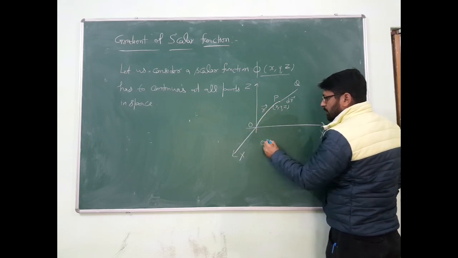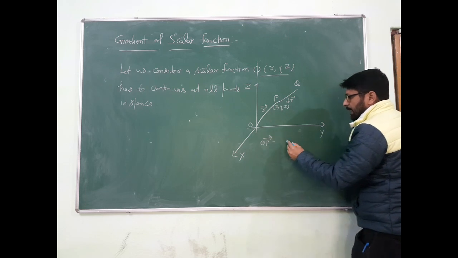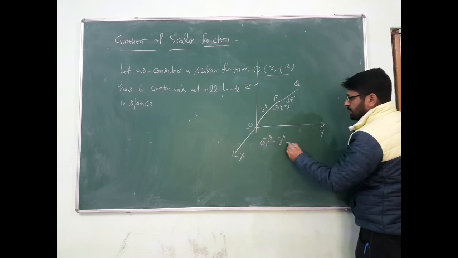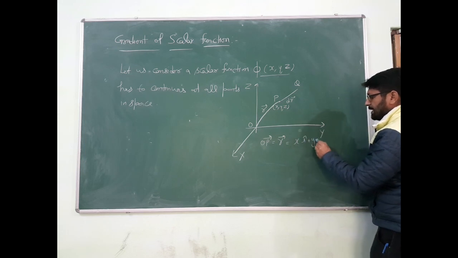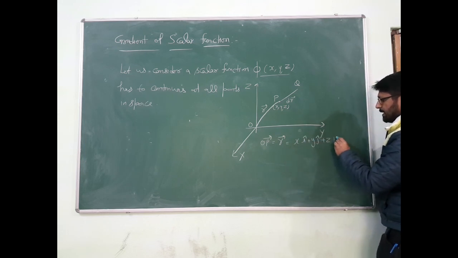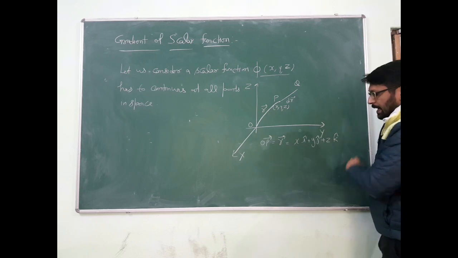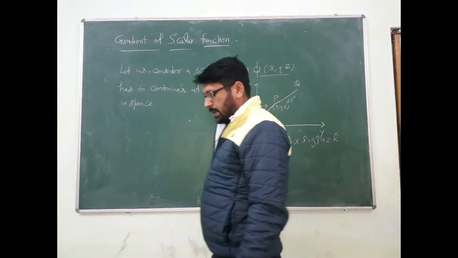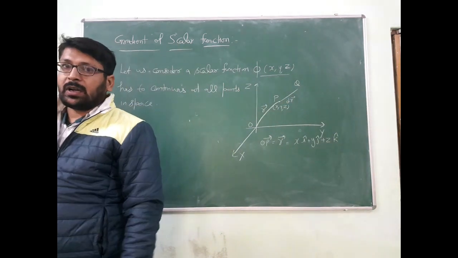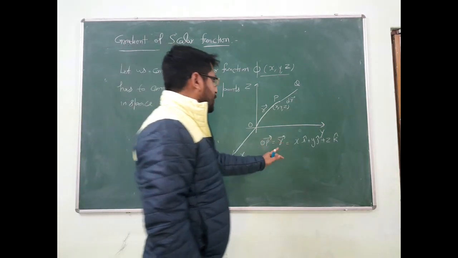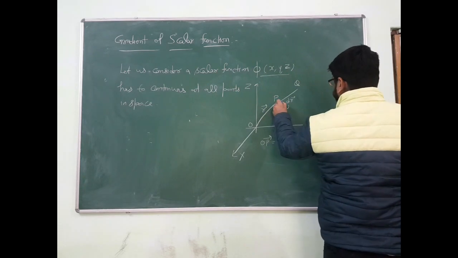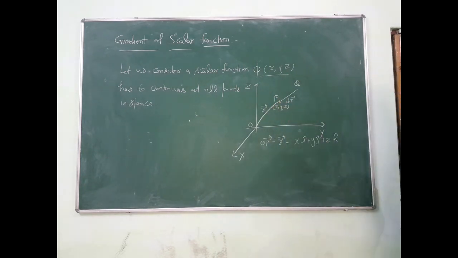That is, the vector OP, which is r vector, is defined as x i, y j and z k, where i, j, k are the directions along the x, y and z axes, and x, y, z are the coordinates of this point P. So we can write this vector like this.